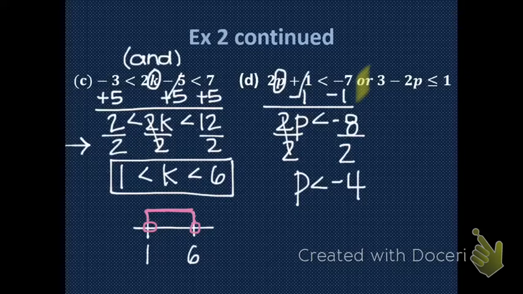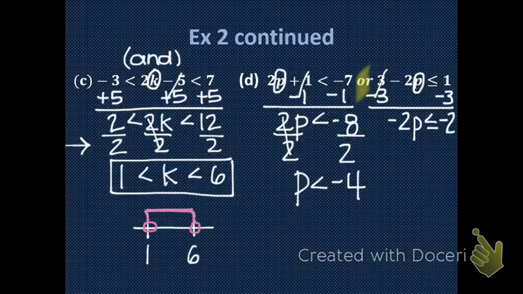No. All right, for the second inequality, we're still trying to isolate that P, so what are we moving first over here? 3. And how are we moving it? Subtract. Remember, you've got to add or subtract before you can multiply or divide. So we subtract, and we have -2P is less than or equal to what? -2.